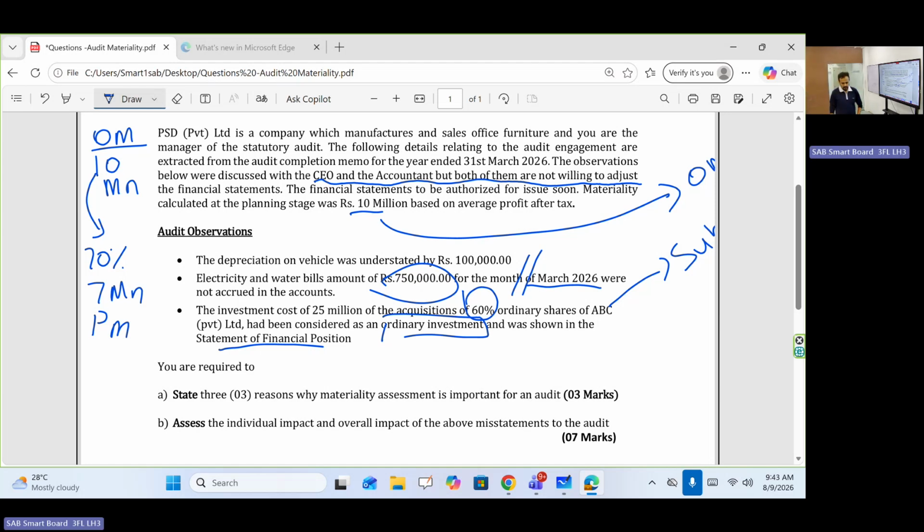Next point. This classification issue and non-compliance are material statements.